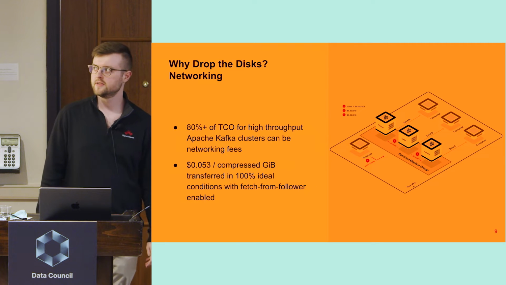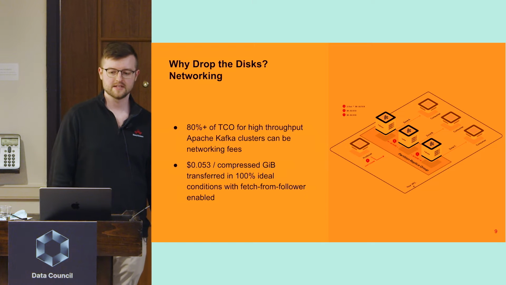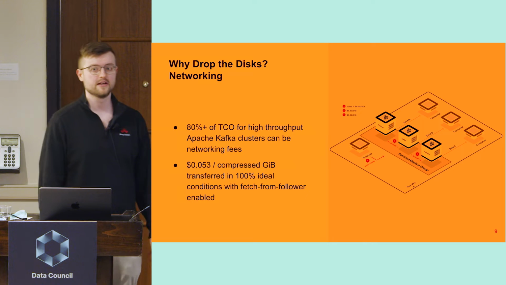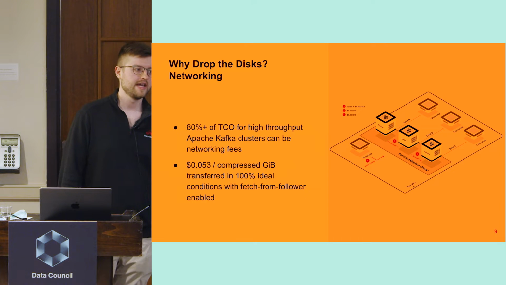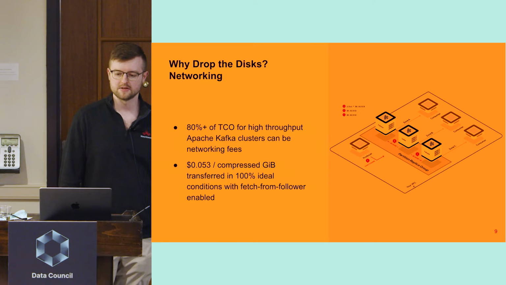So this is arguably a much more important reason for dropping the disks, which is that when you're pushing hundreds of megabytes a second through open source Kafka and you're paying retail AWS prices, 80% of the TCO of that workload is going to be interzone networking.